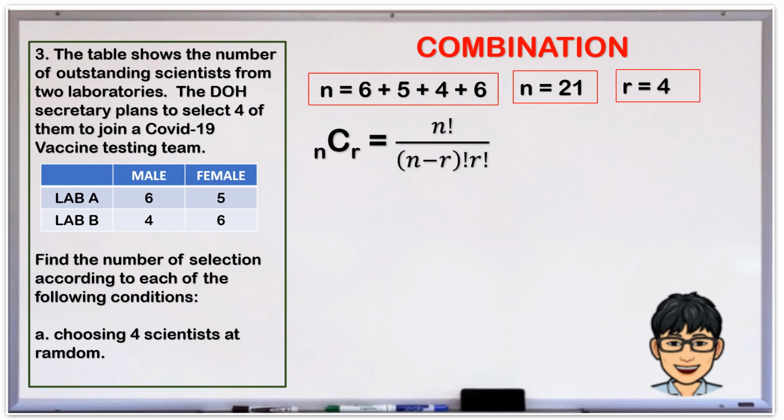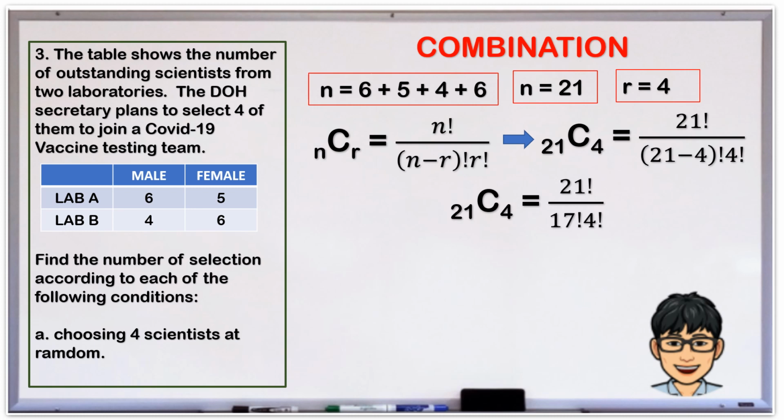Using the formula of combination, by substitution, we have 21 select 4 equals 21 factorial divided by the quantity of 21 minus 4 factorial times 4 factorial, which is also equal to 21 factorial divided by 17 factorial times 4 factorial.